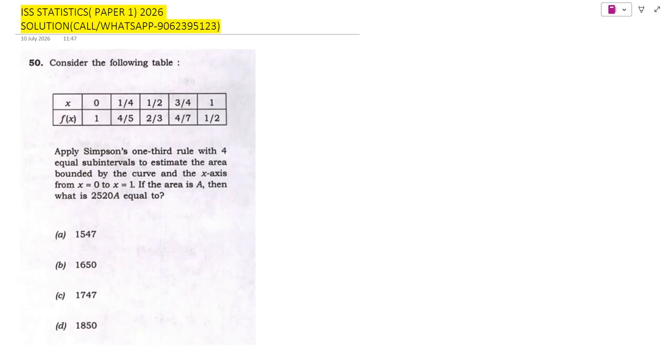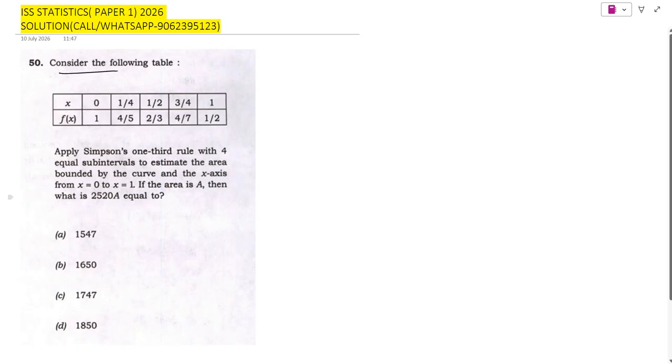The examiner generally provides a table of function values instead of an explicit function and checks whether you know which numerical formula to apply and how to substitute the values correctly. Today's question is an excellent example because it combines the concept, formula, and careful calculation. So let's solve this step by step.